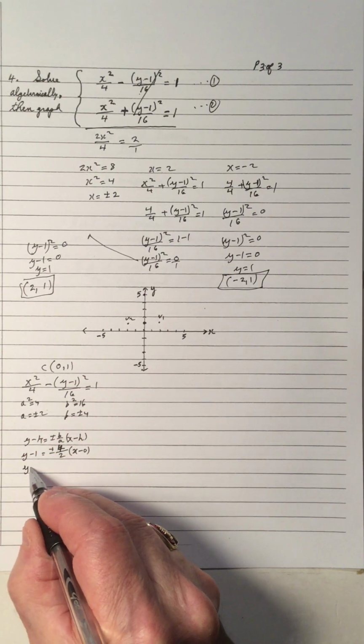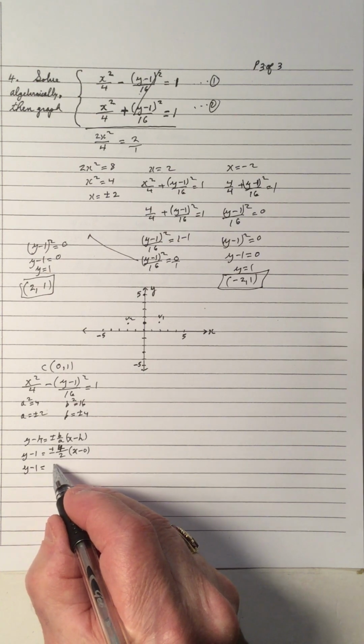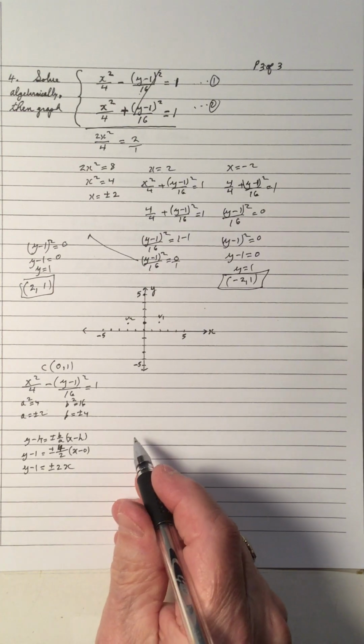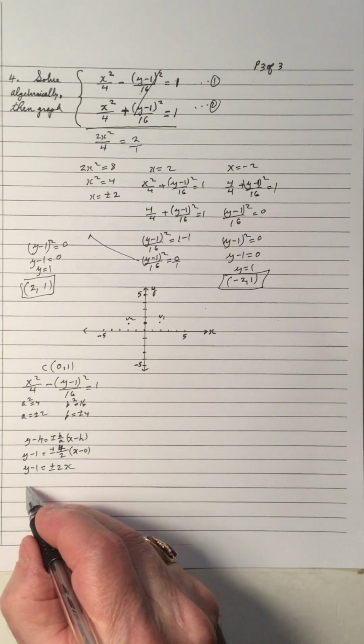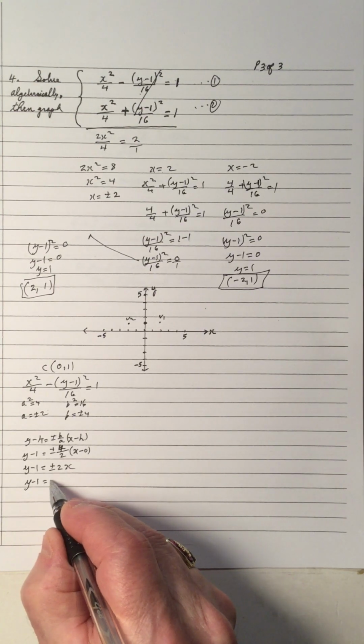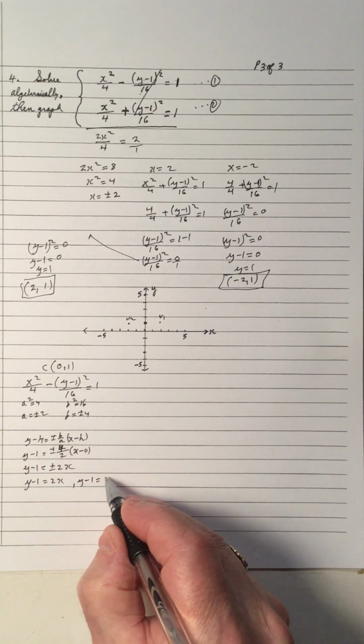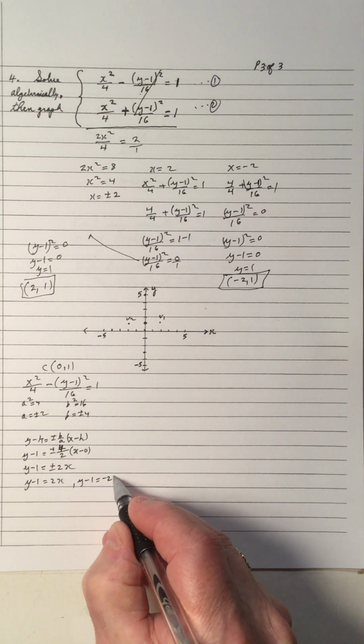So the asymptote is y minus 1 equals plus or minus 2x. One asymptote is y minus 1 equals 2x, and the other one is y minus 1 equals negative 2x.